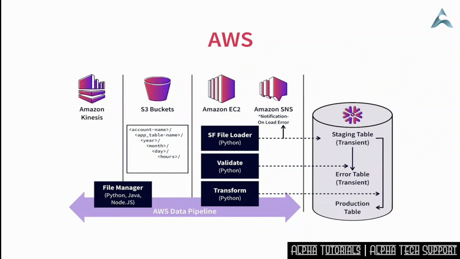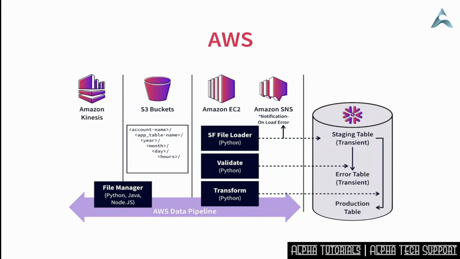This is an example of a data pipeline implemented on the Amazon platform. So you can see SnowflakeDB is the data warehouse of record on the right side here, and it includes multiple tables. This is a typical pattern where we have our staging table, which we've seen earlier in this course. In this case, our tables are marked as transient.